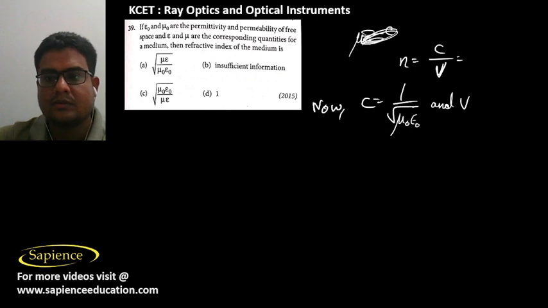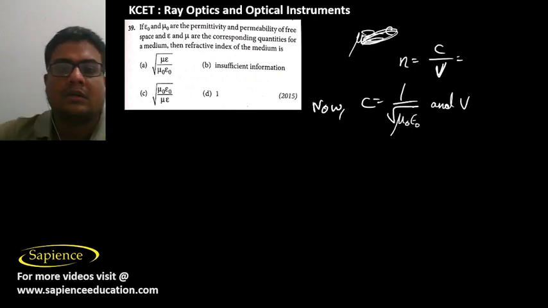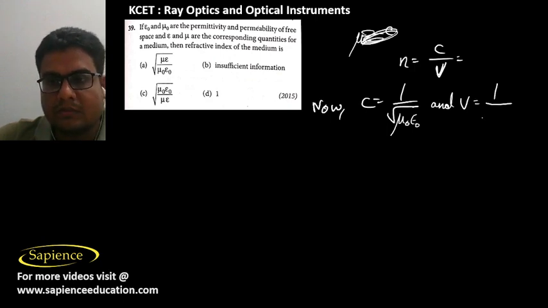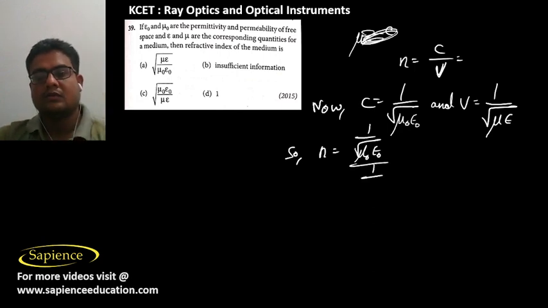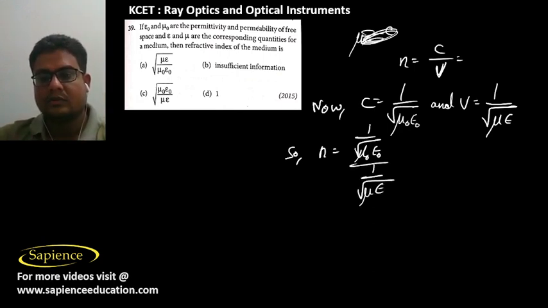And the speed v in any other medium will be 1 by square root of mu into epsilon. So now n we can write as c, 1 by root over mu naught into epsilon naught, divided by 1 by root over mu into epsilon.